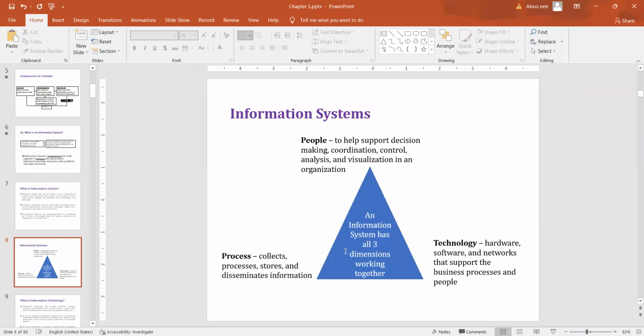Information technology is a subcomponent of an information system.